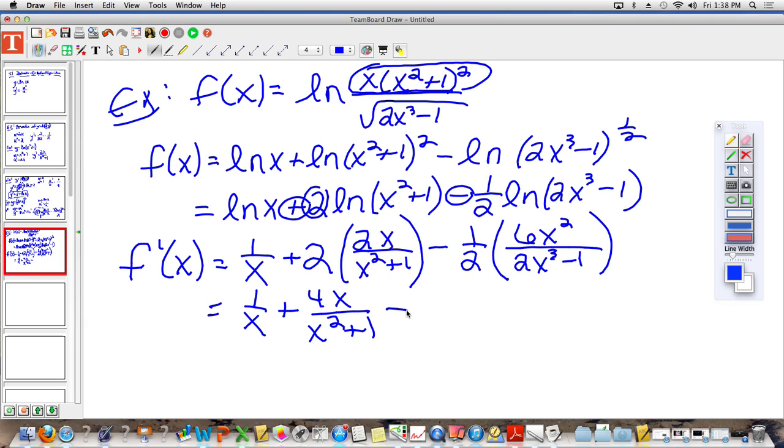What can I do with the 6x squared and the 2? I'm going to make that 2 a 1 really and make the 6 a 3. So I have minus 3x squared over 2x cubed minus 1.